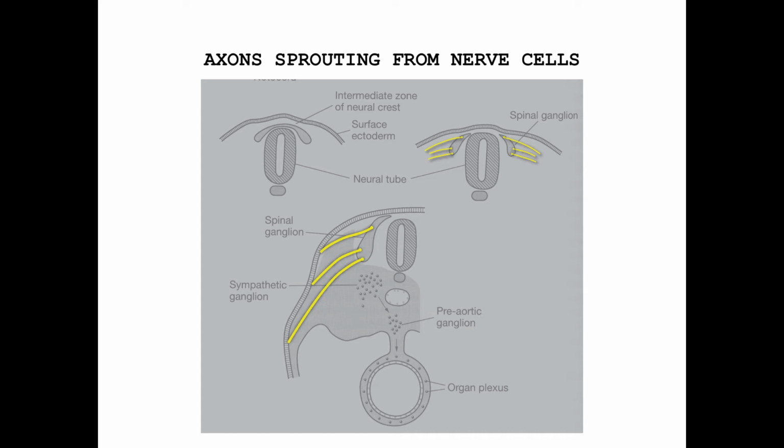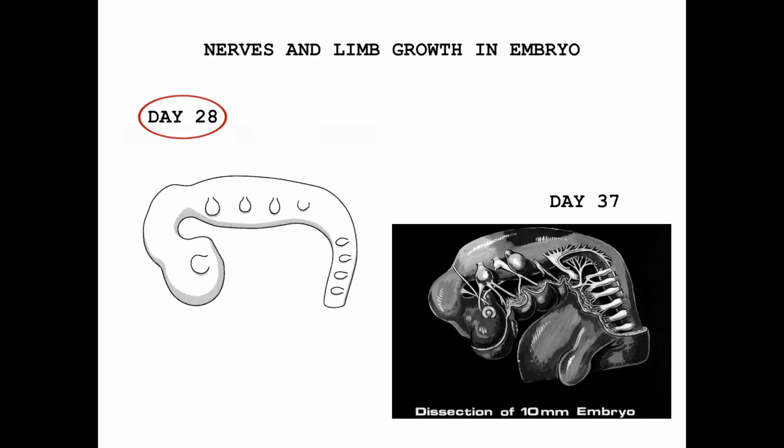At day 28, nerve centres are formed and are ready to innervate the limb bud, which is not yet present. At day 37, the limb bud is a primitive paddle full of simple stem cells. But look at how sophisticated the peripheral nerves are. Developmentally, the nerves are racing ahead of the limb buds.